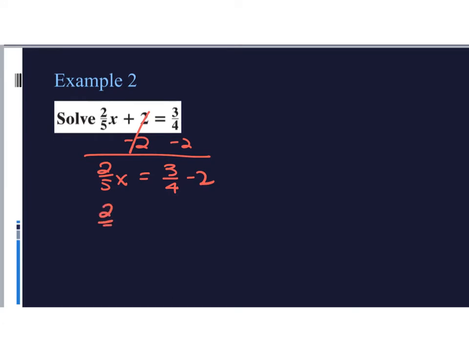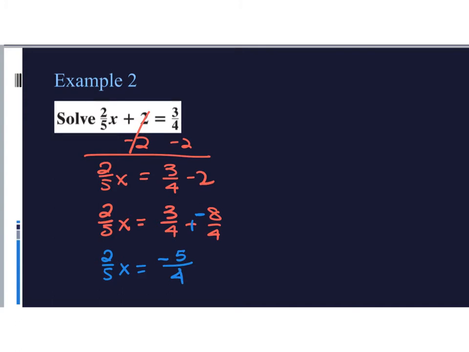So I have 2/5 x equals 3/4 minus 8/4. And if I change this to plus a negative, I can see that I have 2/5 x equals 3 plus a negative 8, which is going to give me a negative 5/4.